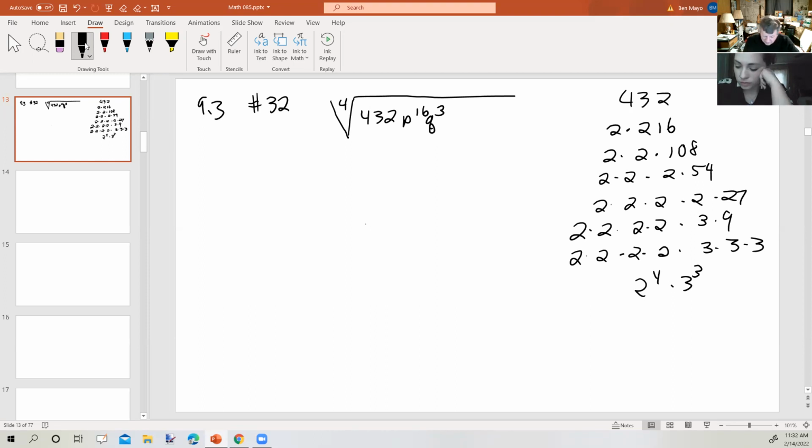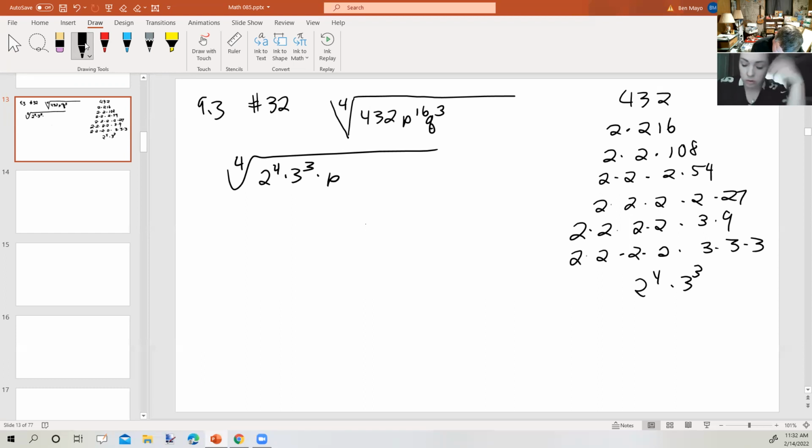Okay. So I'm going to take the fourth root of 432 p to the 16th q to the 3rd and write it as 2 to the 4th times 3 to the 3rd times p to the 16th times q cubed. Now, p to the 16th, 16 is a multiple of 4, so that's going to come out nicely. Q to the 3rd, the exponent 3 is less than the index, so that's going to be stuck inside. So let's see what I can do.